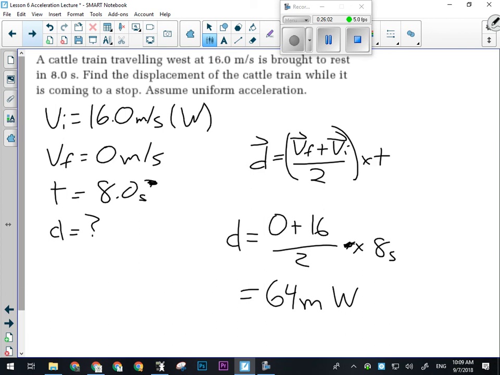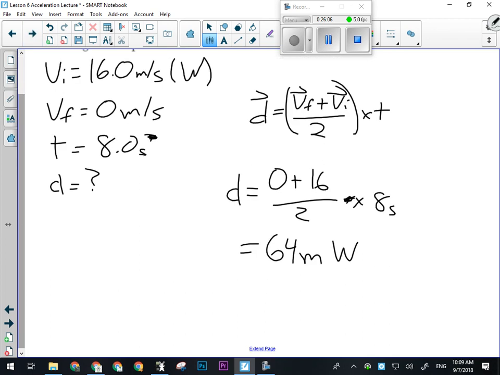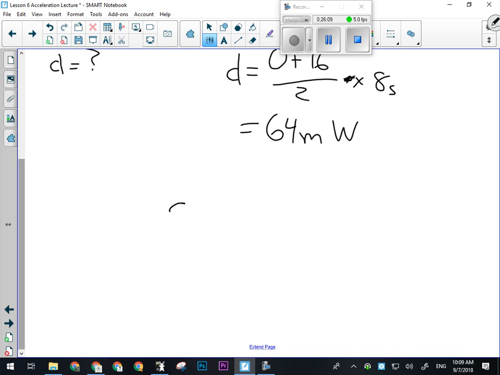Okay. All right, now let's have a look at how we manipulate this formula for other things. All right, what if I want to solve for t? T's already on the top, right?